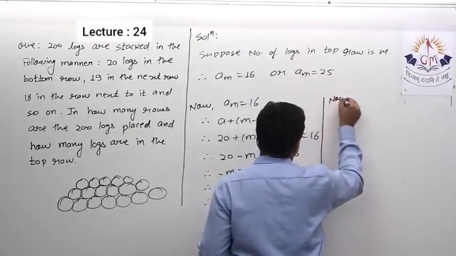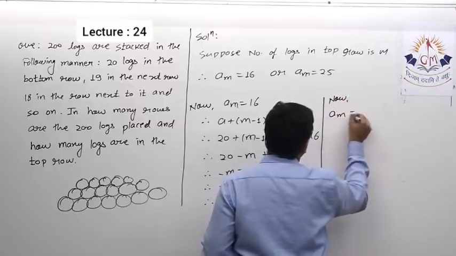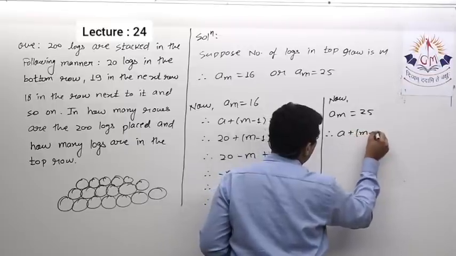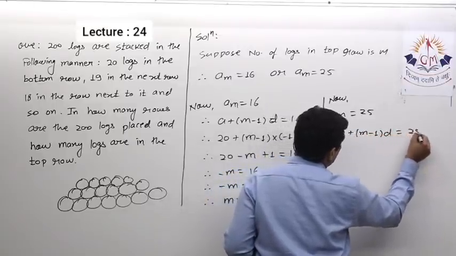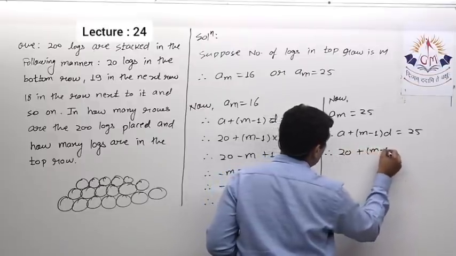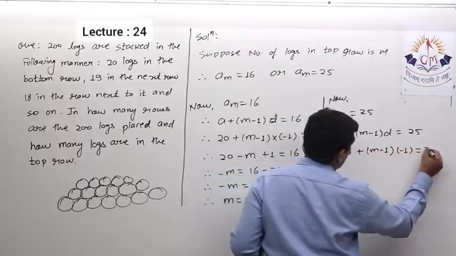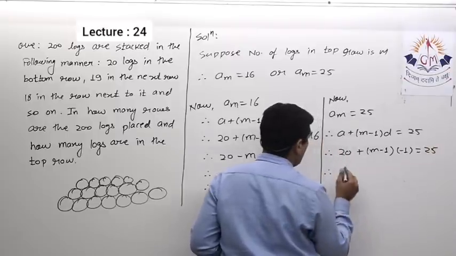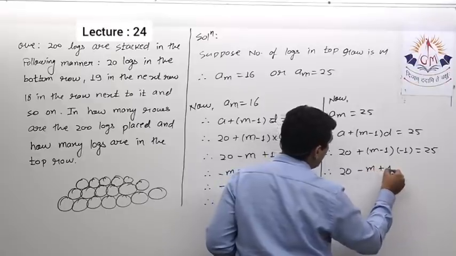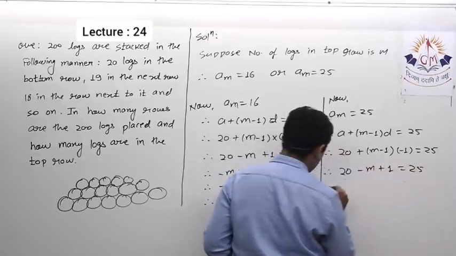Now let us see what if I solve a_m equal to 25. Therefore a plus m minus 1 into d is equal to 25. Therefore 20 plus m minus 1 into minus 1 is equal to 25. Therefore 20 minus m plus 1 is equal to 25.